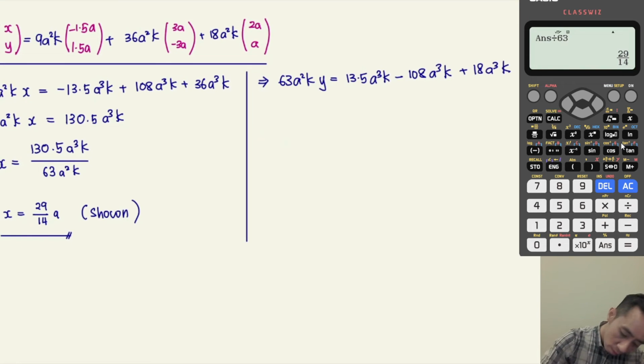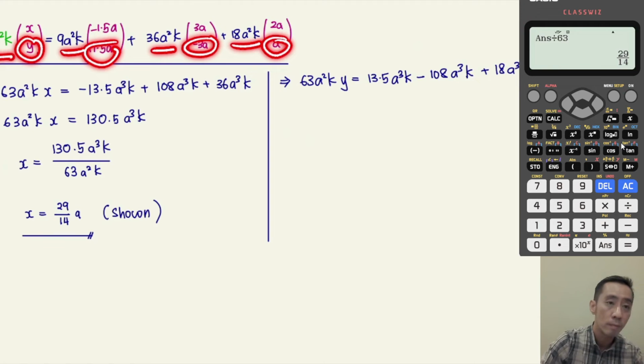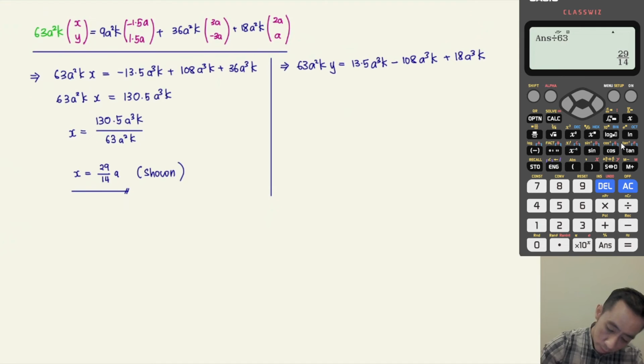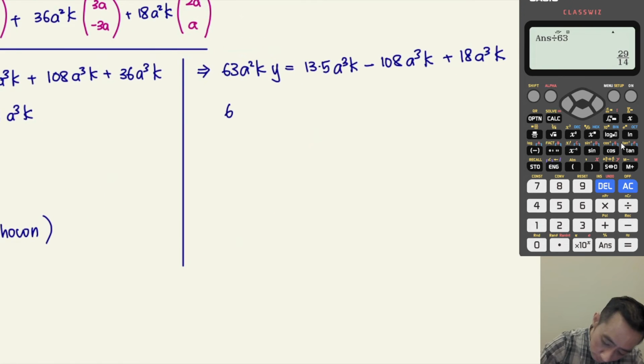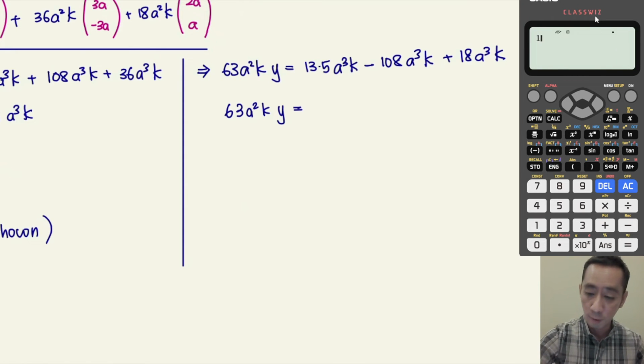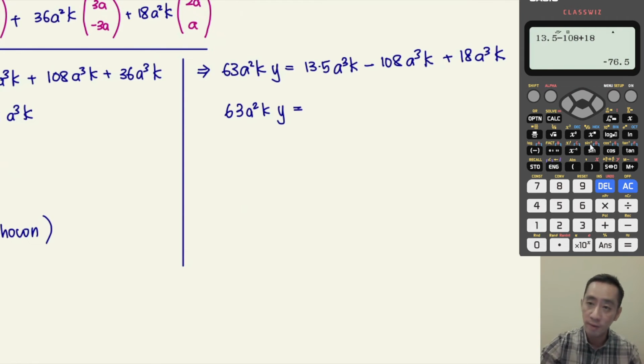So for the y component, I will just do the calculation for all this. Multiply with this. So 63a squared ky equals 13.5 minus 108 plus 18. So here I have negative 76.5.